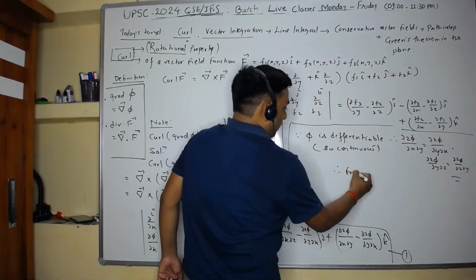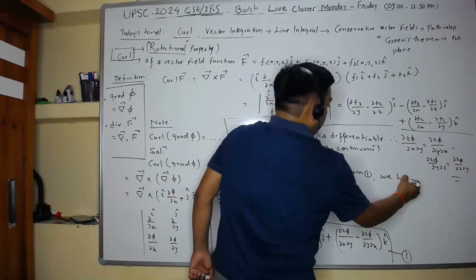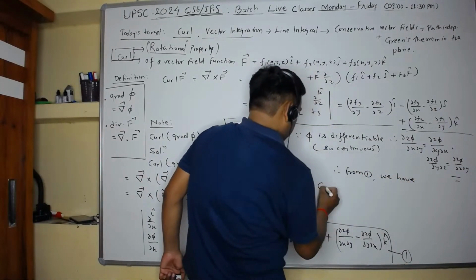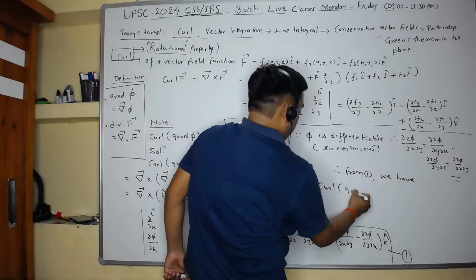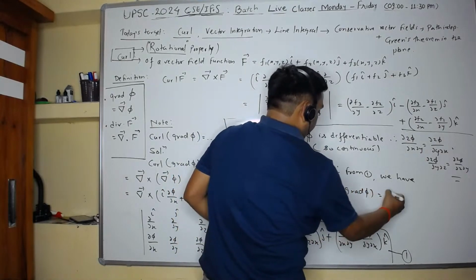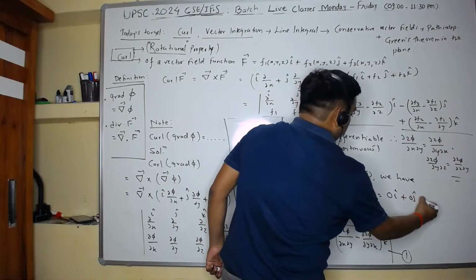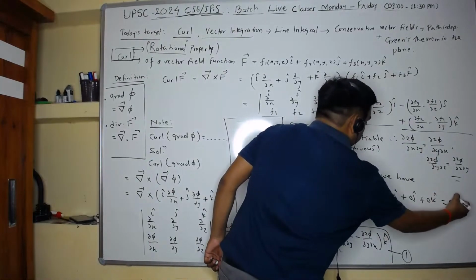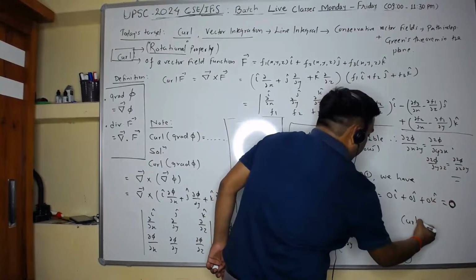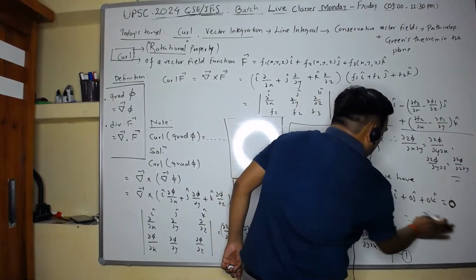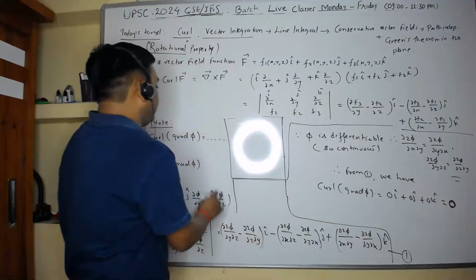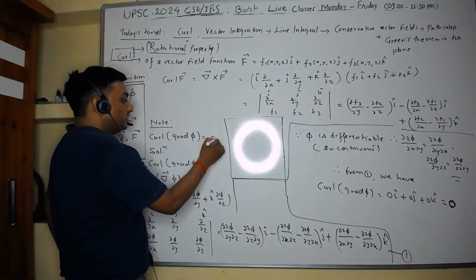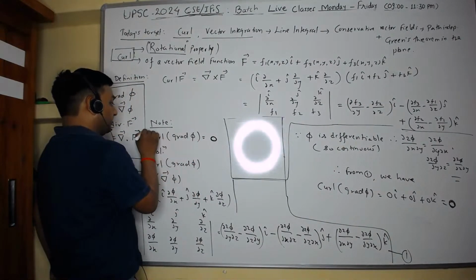So from 1 we have curl of grad phi equals 0 i cap plus 0 j cap plus 0 k cap. So your exam point is: curl of grad phi is always the zero vector.